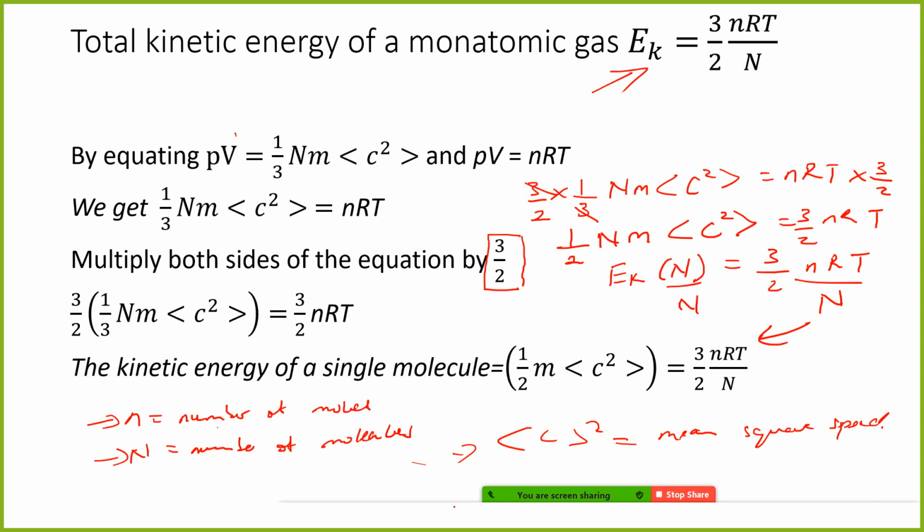This is the equation we can manipulate to find what we call the root mean squared of the molecule.